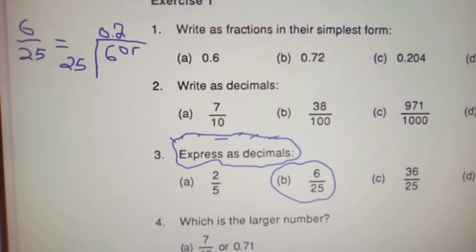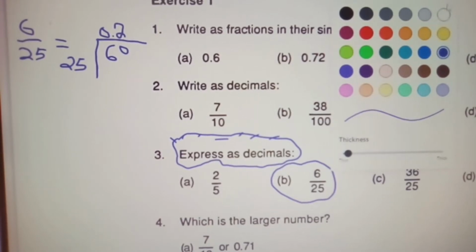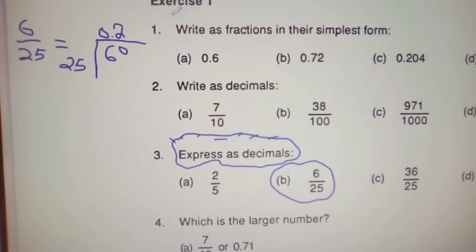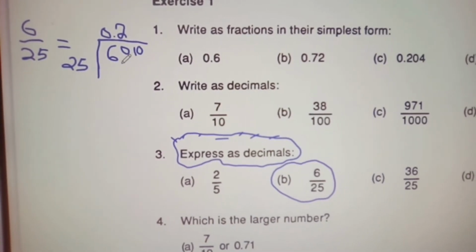Sorry, let me rub that out a little bit, it crosses over with my 10. Okay, I close the 0, and the 0 goes here, and a 1, because 2 times 25 would be 50, plus 10 would make 60.